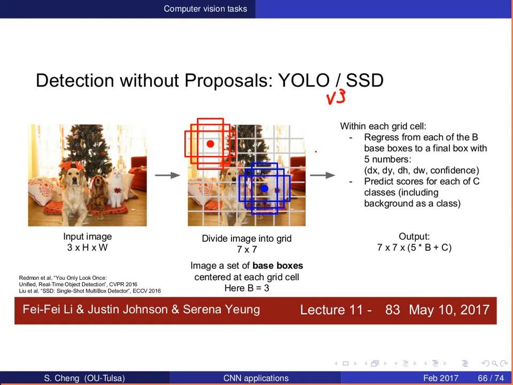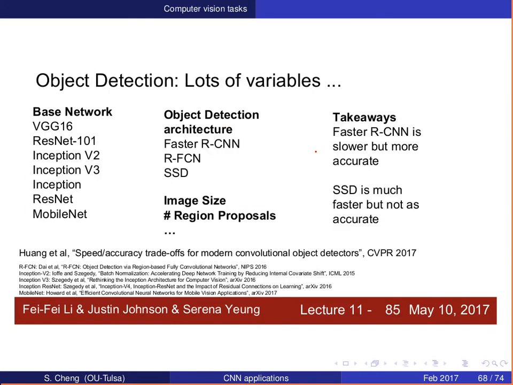I want to know the performance of RCNN and YOLO. What's better? Faster RCNN is still better actually. I guess the best reference, of course there are other references here, but there's one good reference: you can look for Huang's paper. It's a 2017 CVPR paper.